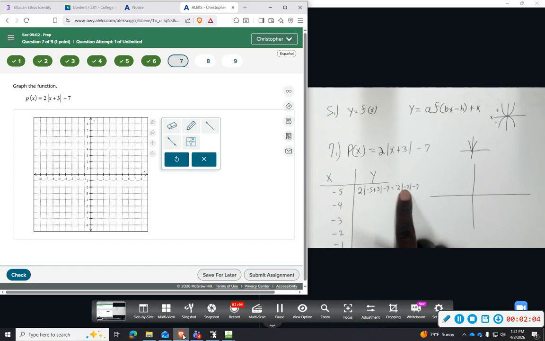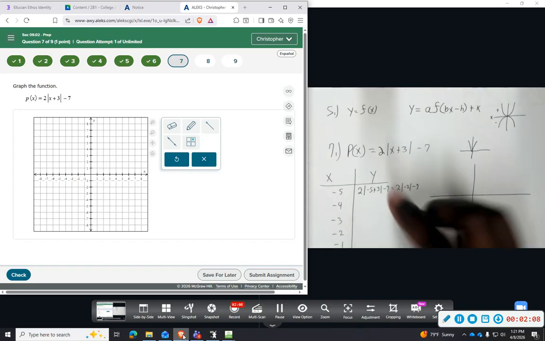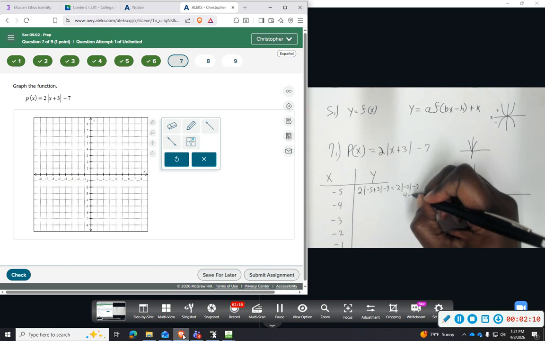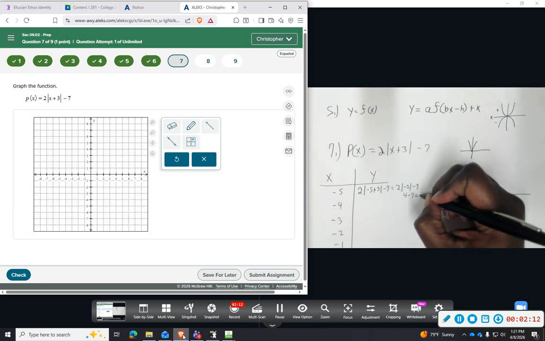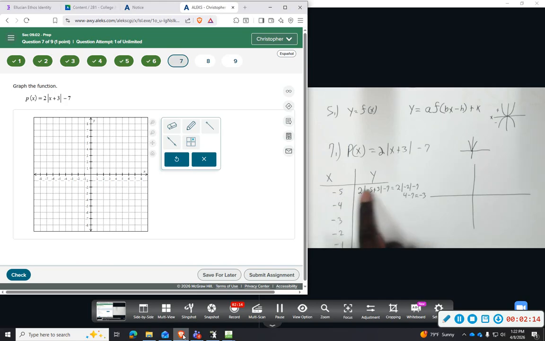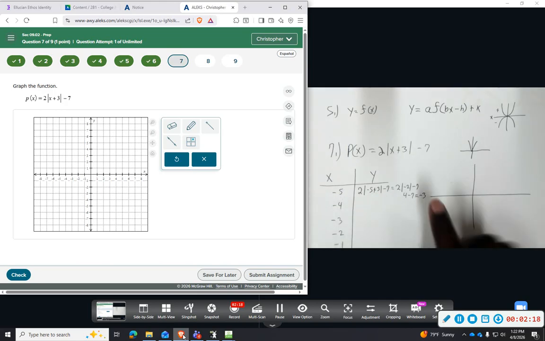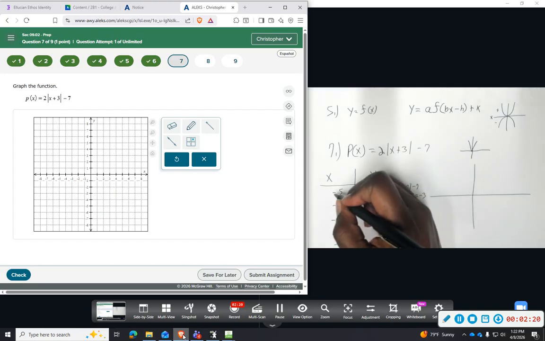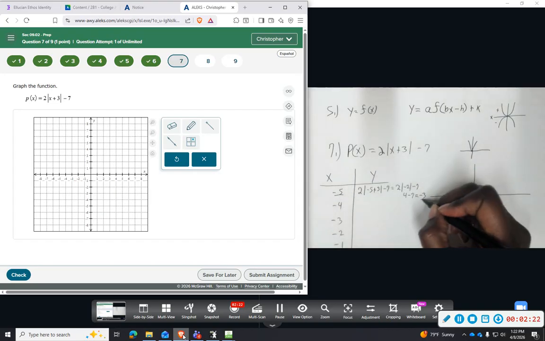Absolute value is going to make that positive. So it's going to be a positive 2 times 2, which is 4. So then we're looking at 4 minus 7, and that gives me a negative 3. So plugging in a negative 5 gives me an end result of negative 3. So I get the ordered pair negative 5, negative 3.